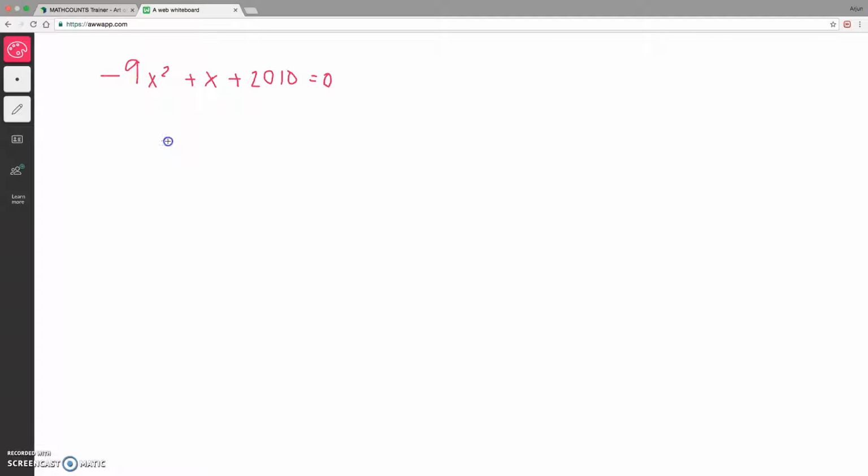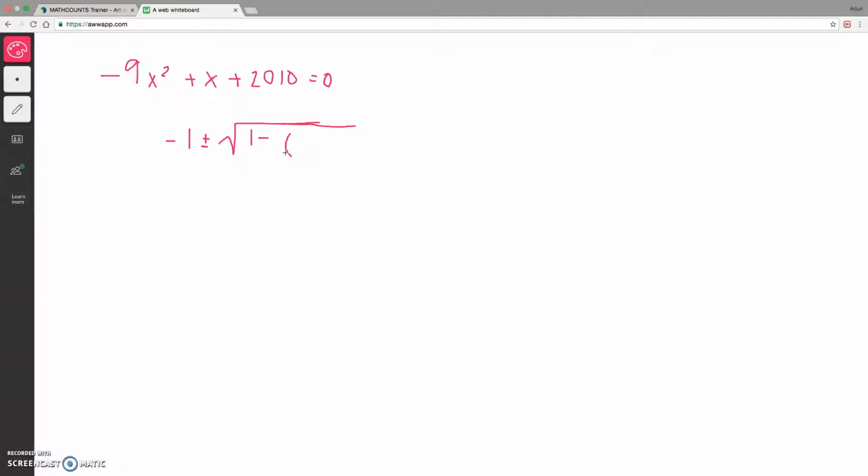the quadratic formula. So negative b, which is negative 1, plus or minus, get ready for this, guys. You might want a calculator, or you could just factor it out, that would be easier. Okay, the square root of b squared, which is 1, minus 4 times a times c. Okay, so I need a calculator really quick for this.